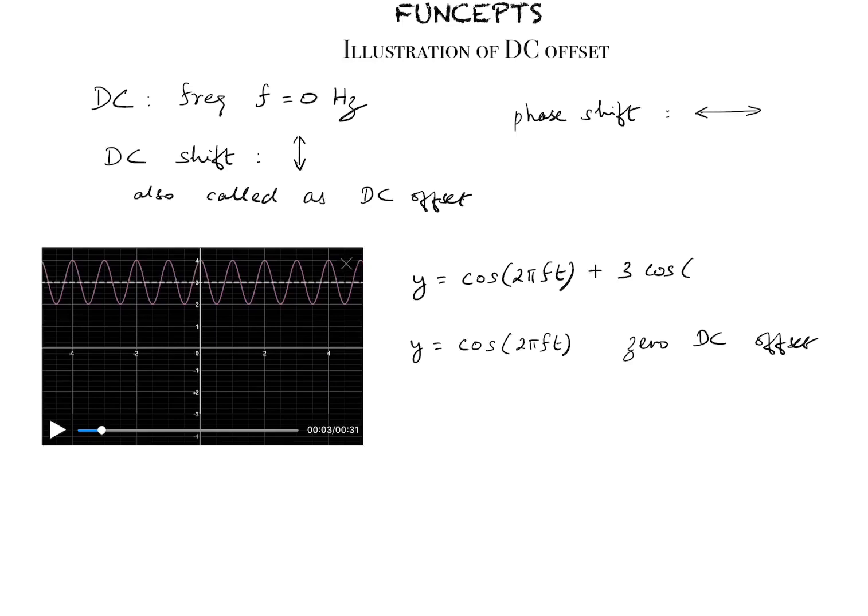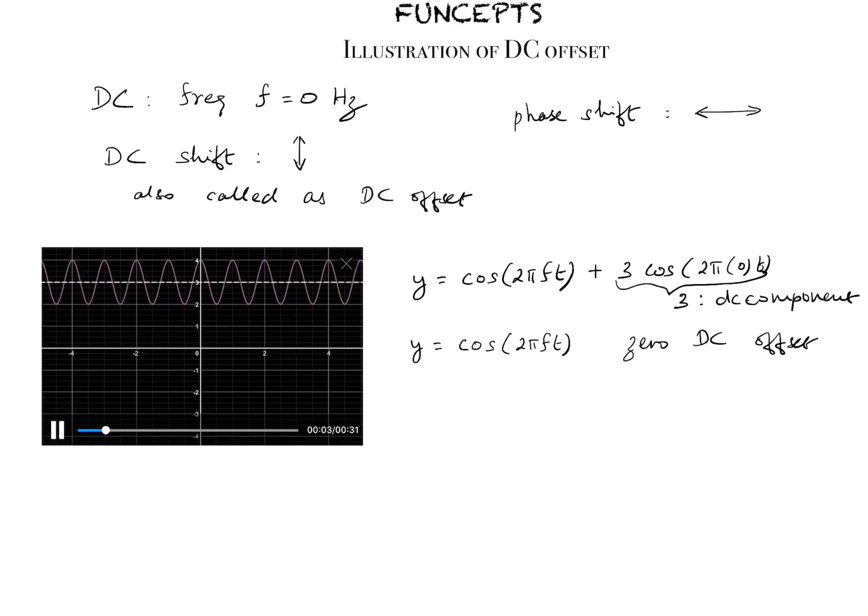So if we write the general notation, 2 pi, instead of f it is 0 t. That will be simply equal to 3, which is the DC component.